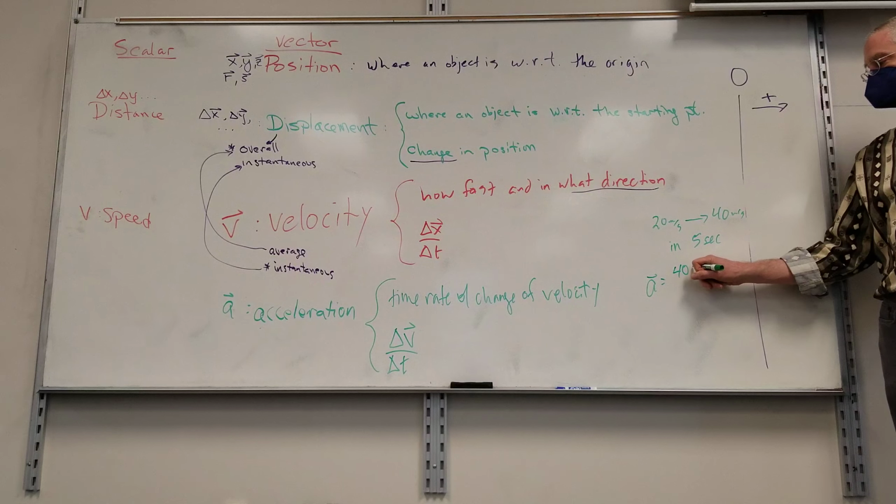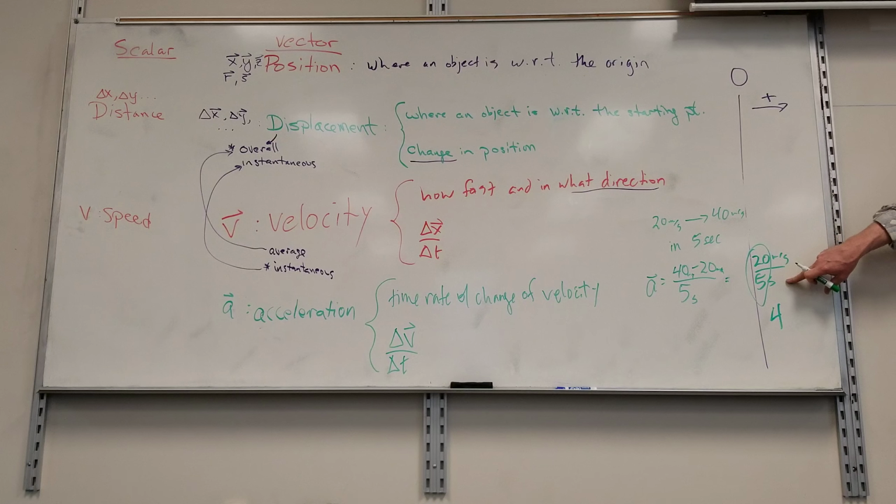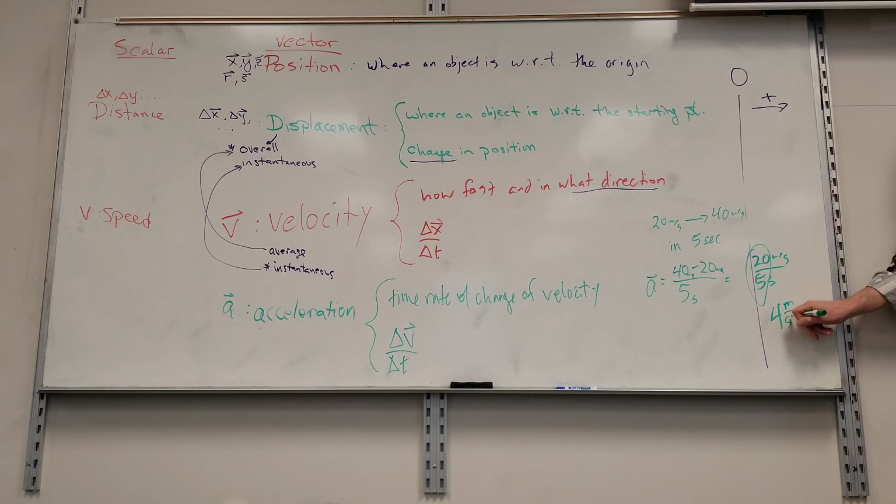And then the units, I got meters per second, but having more than one fraction bar in the units is undesirable. And so that's actually meters per second squared. The same units as acceleration due to gravity. Questions here?